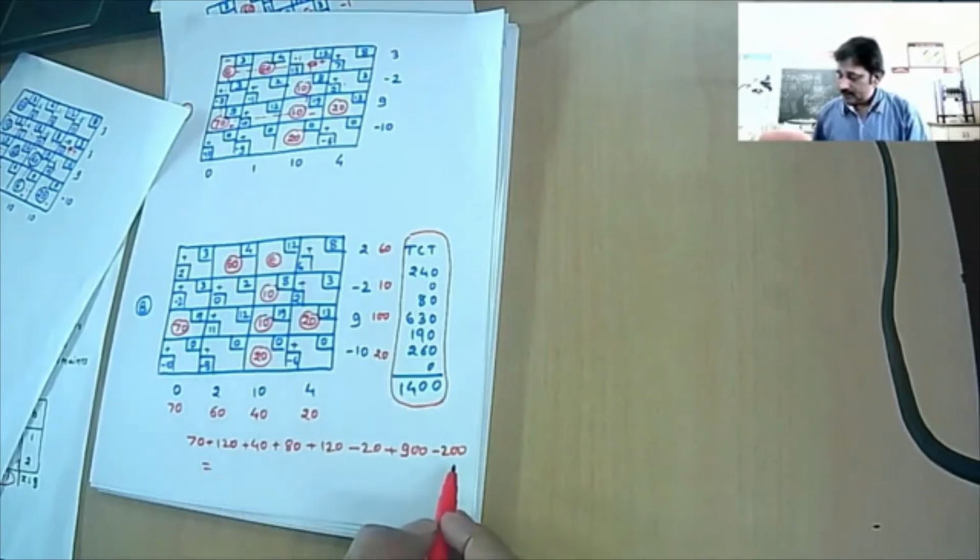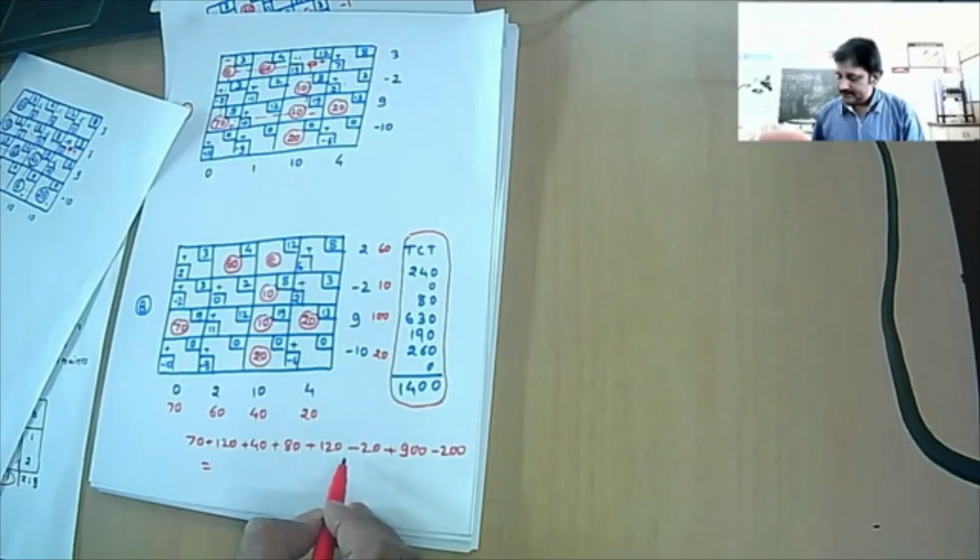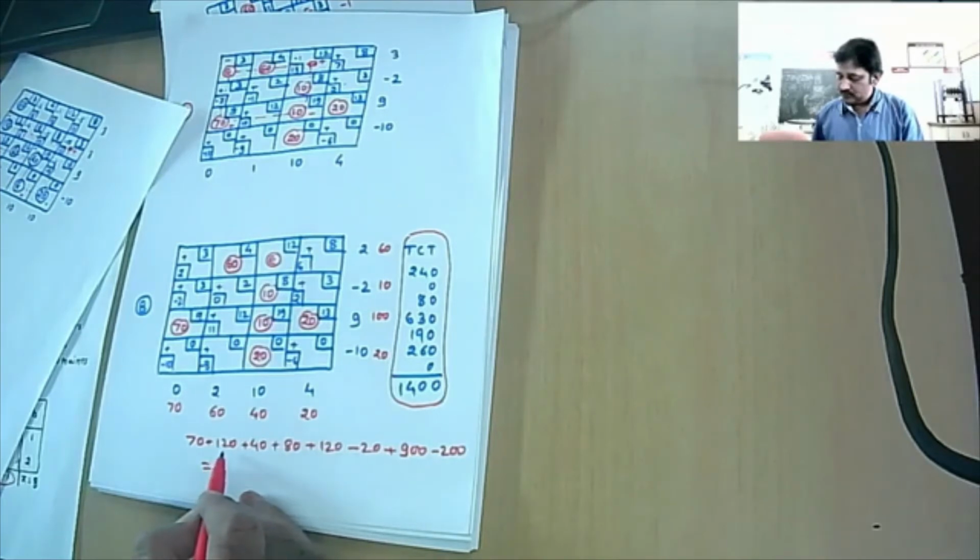So this is 700. 700 plus 100, 800. 700 plus 800. 800 plus 200.